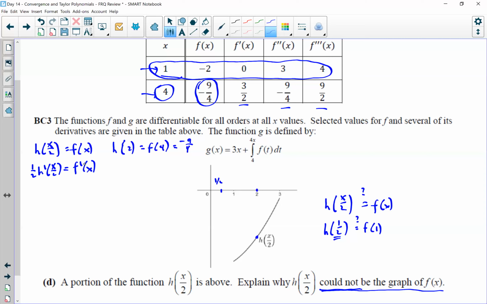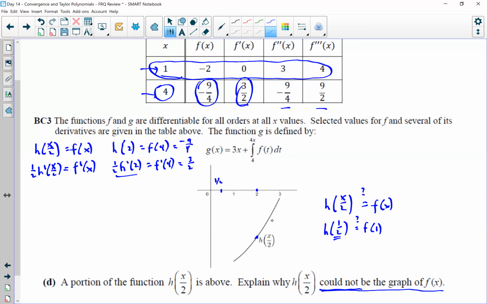And just like before, when x is 4, these two things should match up. And so 1/2 h prime of 2 should be the same as f prime of 4. If I plugged in 4 for both x values, I know that f prime of 4 is a positive 3/2. And so I need this to be a positive 3/2. So this is a graph of h.